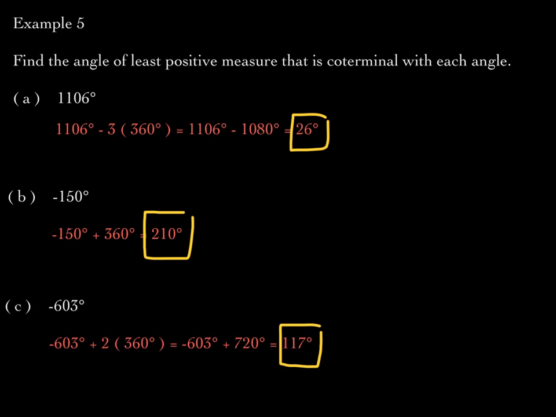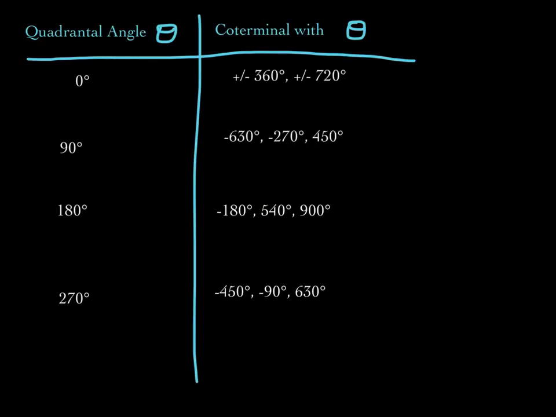Let me just leave you with one thing before you go. I wanted to leave you with, first of all, a list of some of your major quadrantal angles here, but also angles that are coterminal with your quadrantal angles. So 0 degrees plus or minus 360 degrees, or 0 degrees plus or minus 720 degrees, all of these are coterminal with 0 degrees, and so forth.